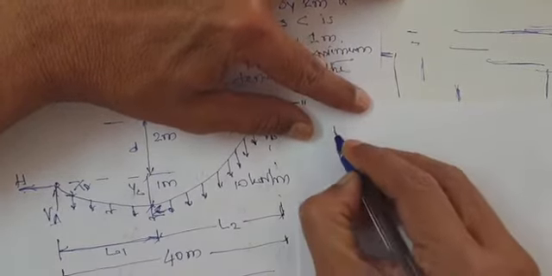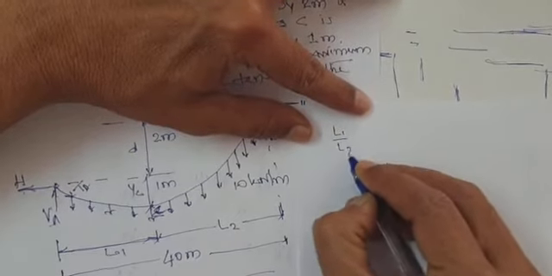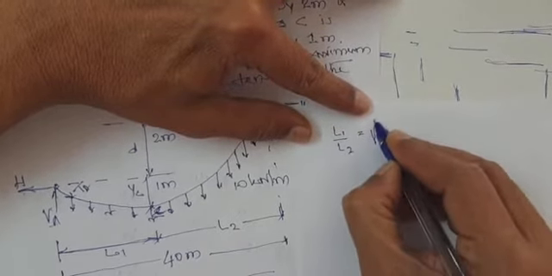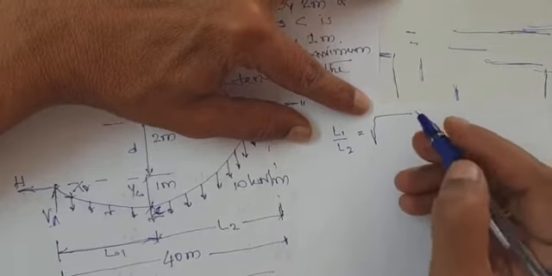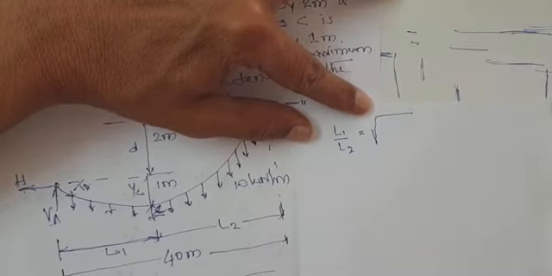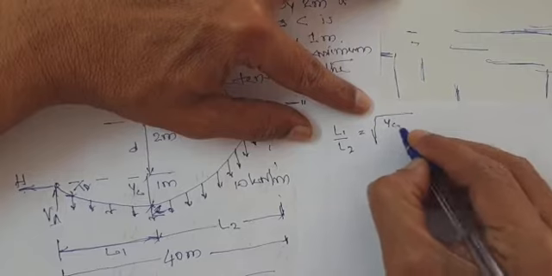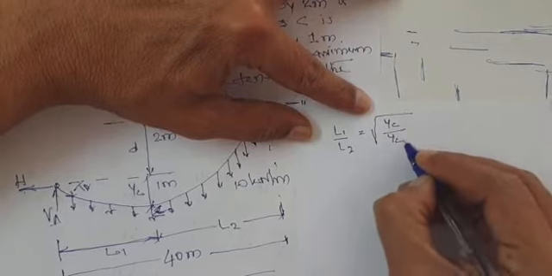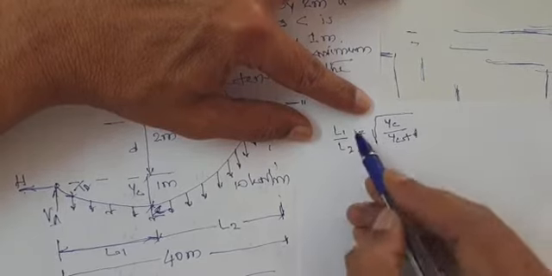So we know the relation: L1 by L2 is equal to, earlier I have written (YC plus D) divided by YC, now here it is YC divided by (YC plus D). See, always you have to write like this.